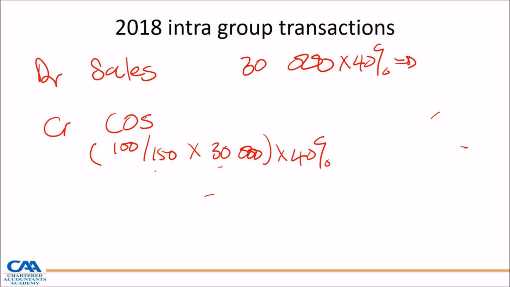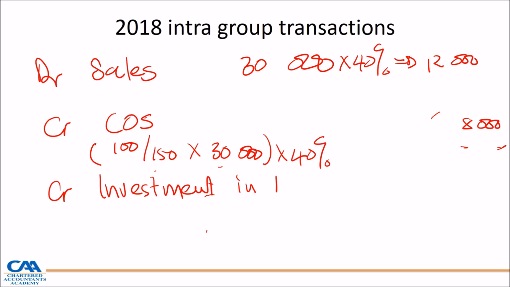So the debit which we now have is 0.4 times 30,000, which will give you 12,000. And the credit which we now have is 0.4 times the 20,000 here, which will give you 8,000 cost of sales. And remember, the balancing figure, the credit, becomes a credit to investment in associate, because your associate is overvalued through its inventory.